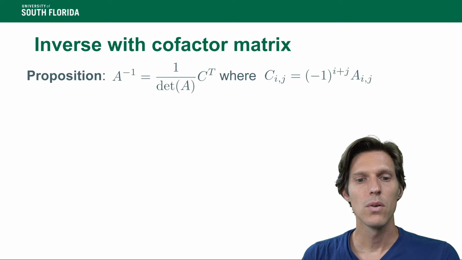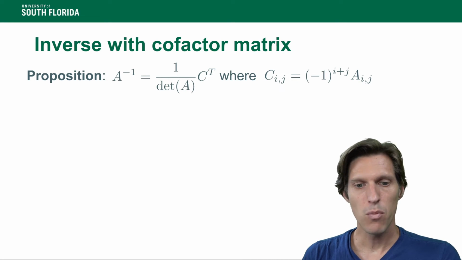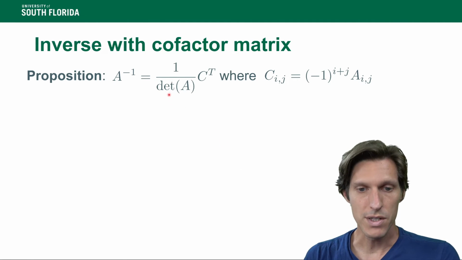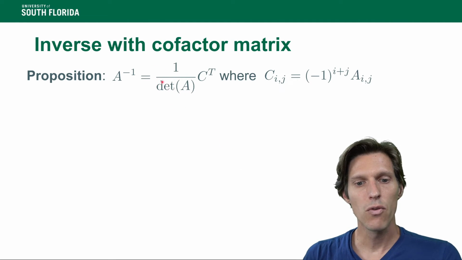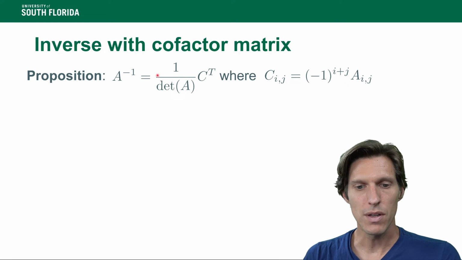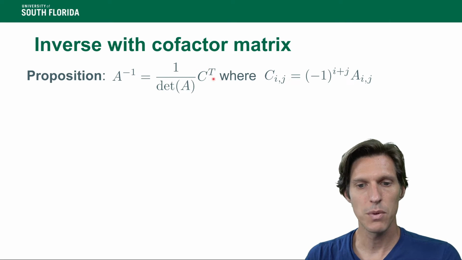So we have this very important property that the inverse of a matrix, when it's invertible, is 1 over the determinant, so we see that, of course, it only exists when the determinant is invertible, times the transpose of this matrix C defined by Cij is (-1)^(i+j) times the cofactor of aij.